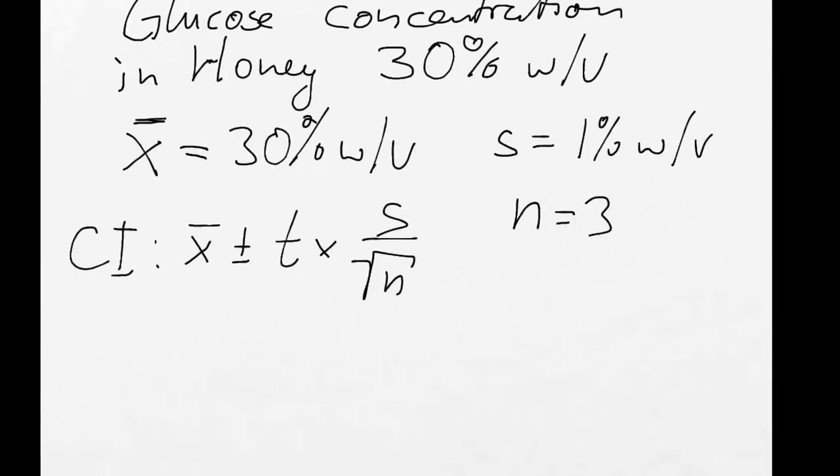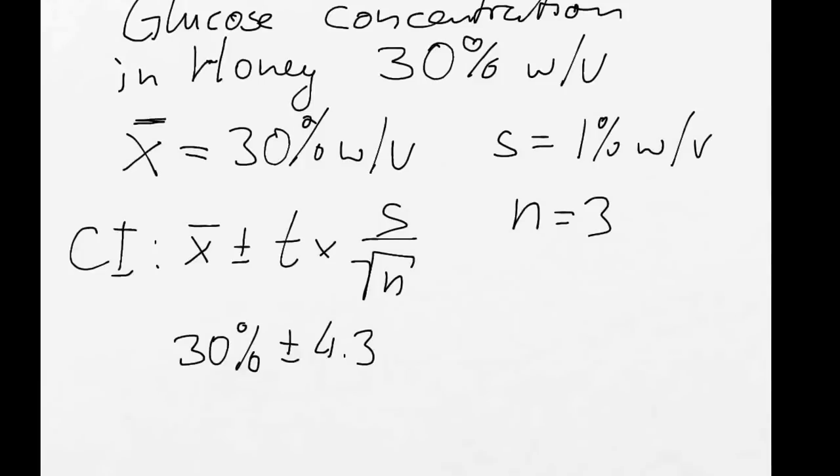So I have 30% plus minus the t for a sample size of 3 with 95%, which is 4.3 again, times 1 divided by the square root of 3.